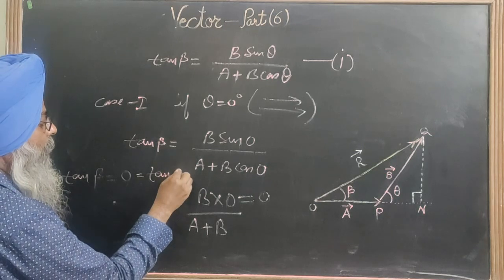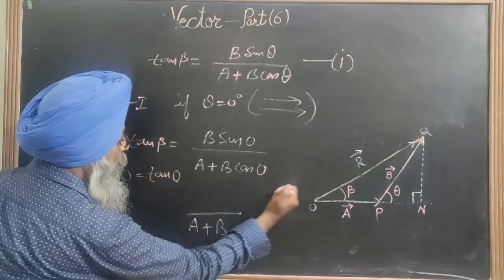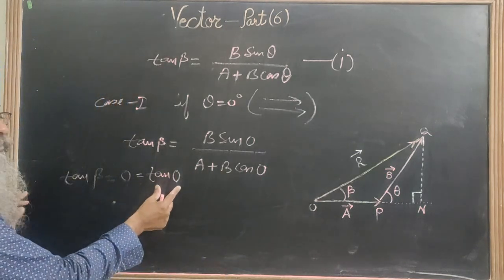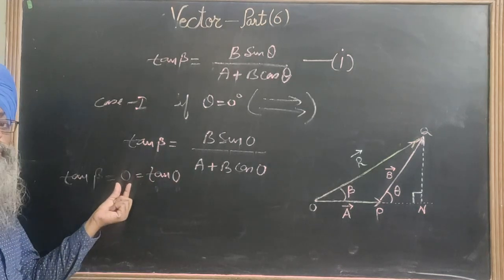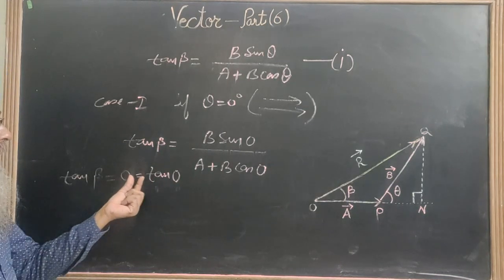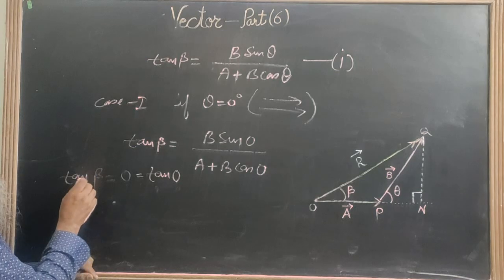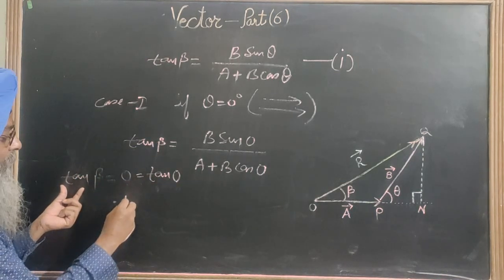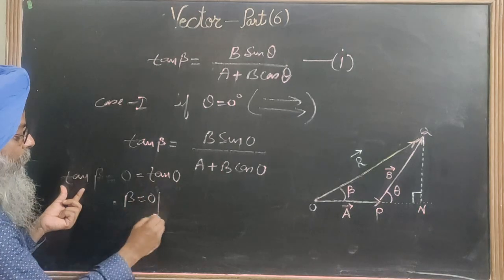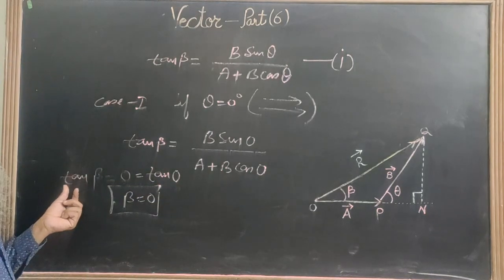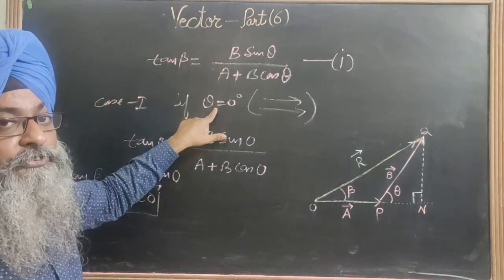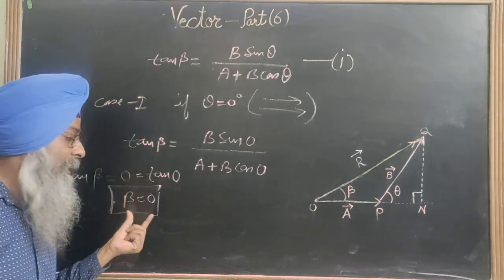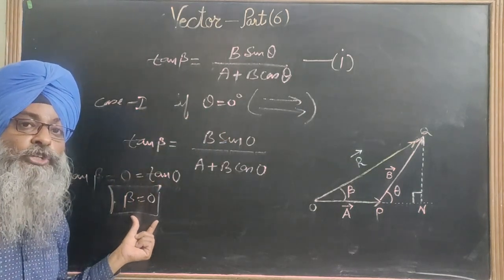You can also write it as tan 0, because the value of tan 0 is equal to 0. 0 can be written as tan 0 and you can leave this tan, then beta will be equal to 0 degree. If the angle between two vectors is 0, then beta is also equal to 0.